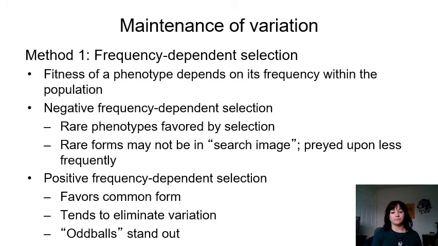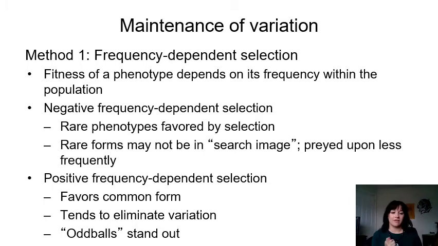So for example, maybe a predator is searching for some bugs and it has a certain picture in its head of what this bug looks like that it wants to eat, right? Like, I'm looking for the tan bugs with 5 spots. Those are my treat for the day, all right?